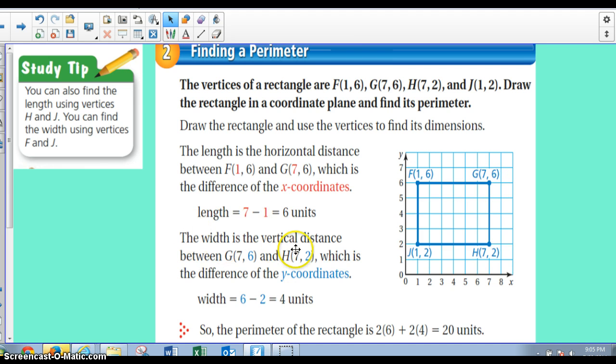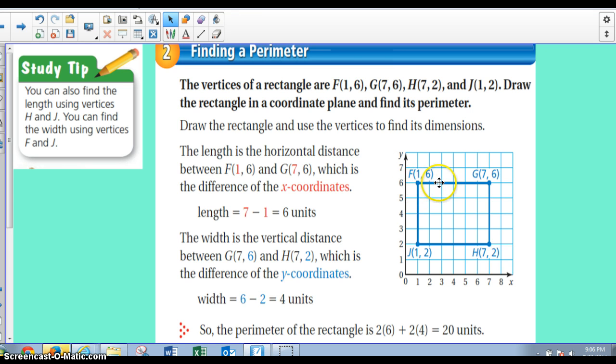The width is the vertical distance. So now you have the vertical y, and that's between G and H. There you take the 2 away from the 6. 6 minus 2. So if you know that your x-axis is always the first number and your y-axis is always the second number, you can subtract appropriately.